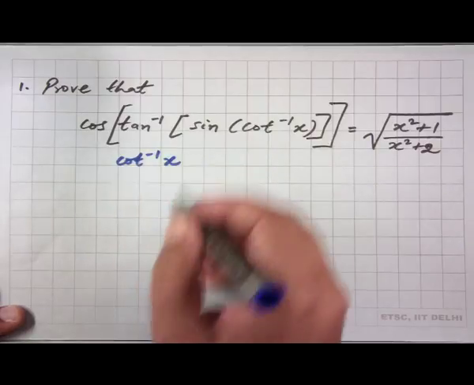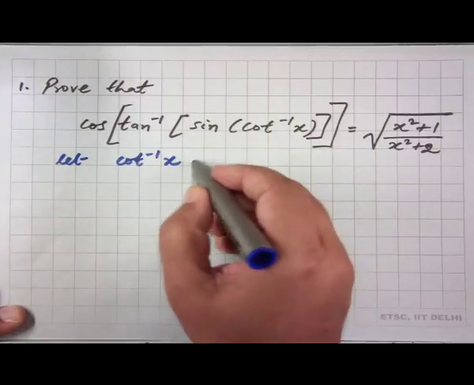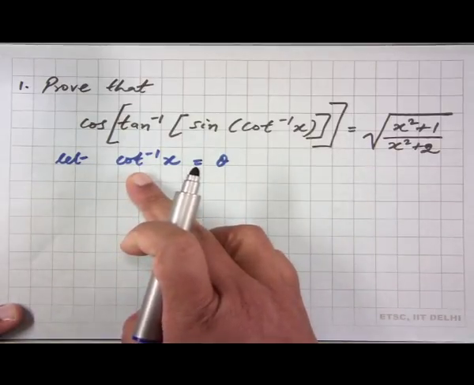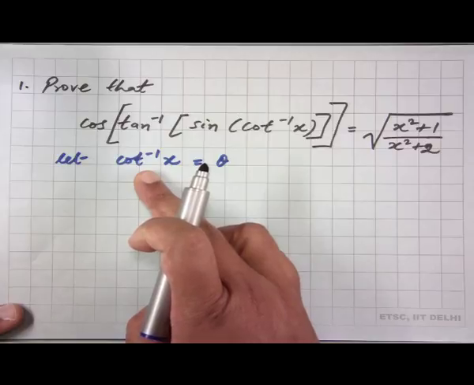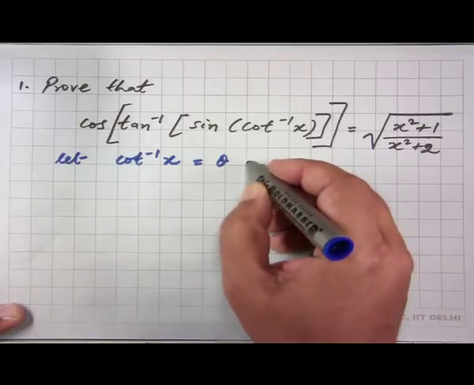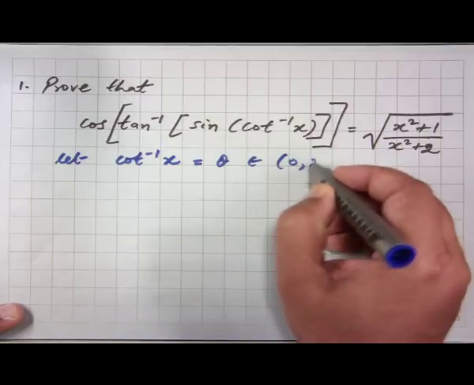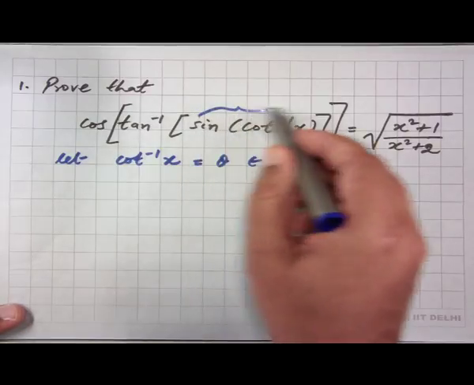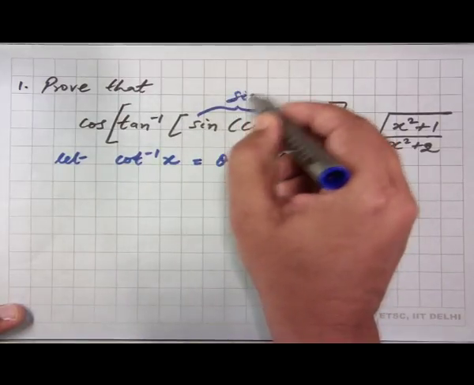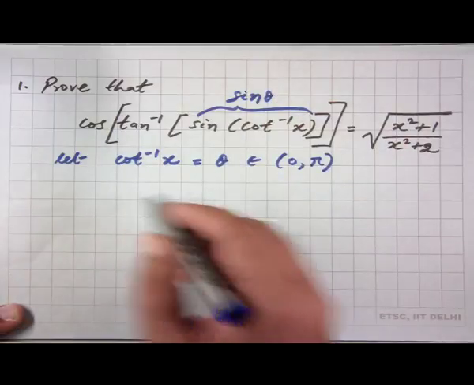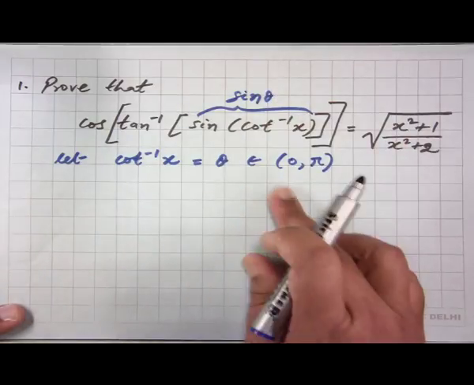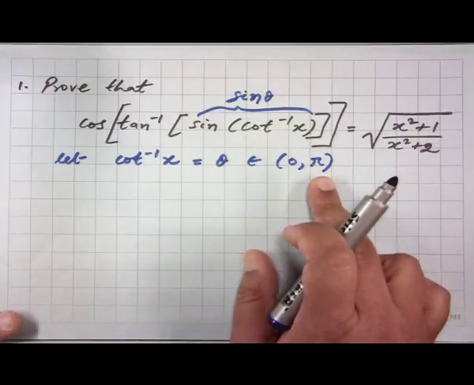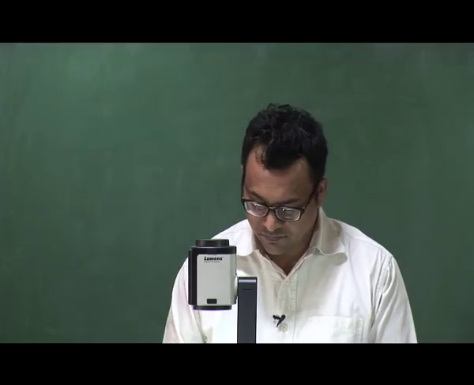we say that let cot inverse x be equal to theta, and then because the range set of cot inverse is the open interval 0 to pi, it is clear that theta has to belong to the open interval 0 to pi. So, this then becomes sine of theta, and we know that when theta belongs to 0 to pi, from the graph of the sine function, it is clear that sine theta is non-negative.